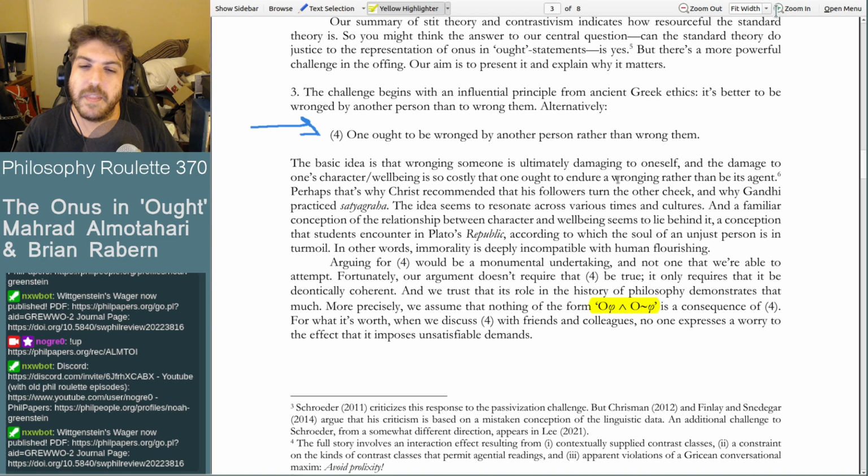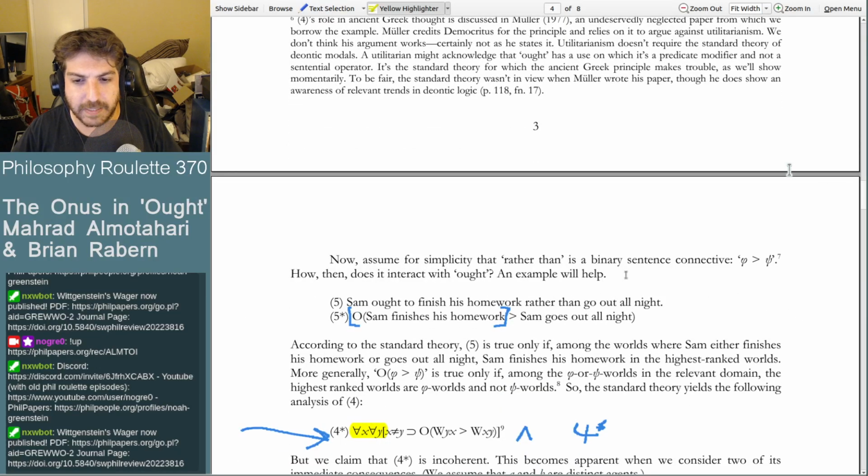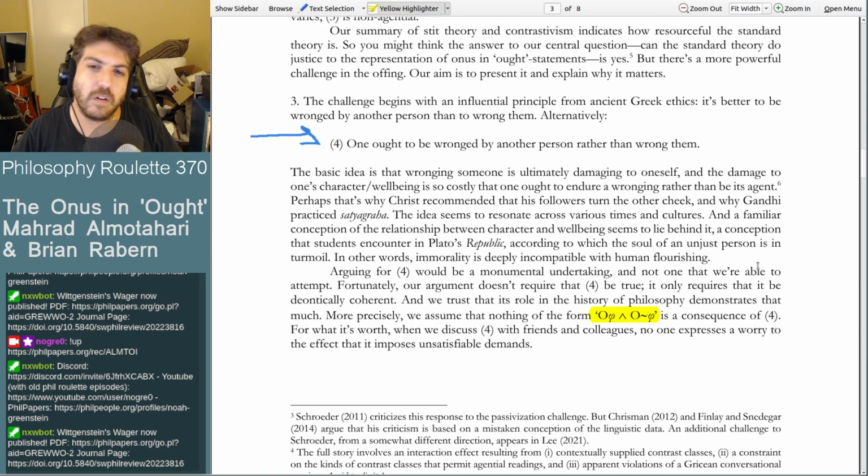That'd be: exists X, wronged by another person, then I exist rather than I wrong them. And that for all things, yeah, what? But being wronged by is the problem here, I guess. It's not the rather. It's the wronged by that is the scope. Being wronged by someone does not cover all obligations.